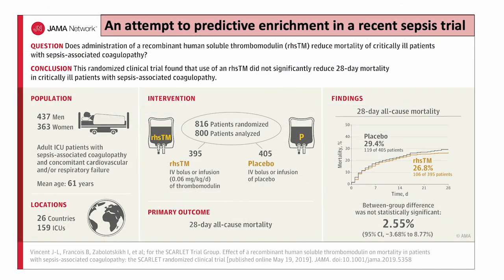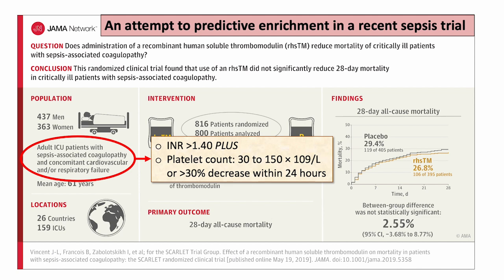Additional evidence that clustering of a lot of data in a patient population might help to identify patients that are more likely to benefit from a certain intervention comes from the next 2 slides. This first slide comes from the SCARLET trial that evaluated recombinant human soluble thrombomodulin in patients with sepsis that also had signs of coagulopathy.